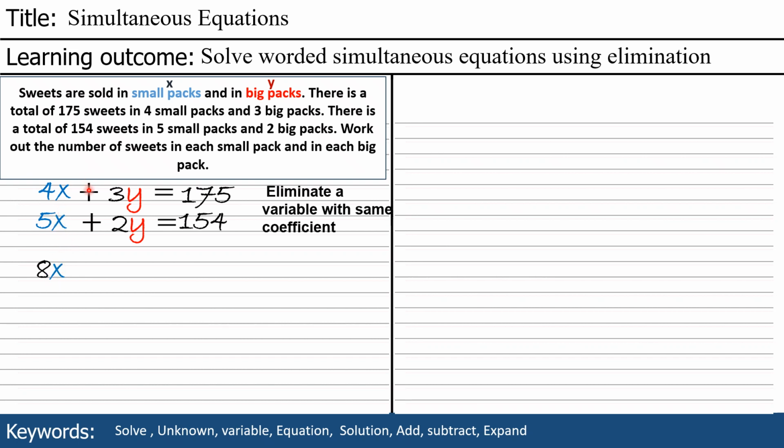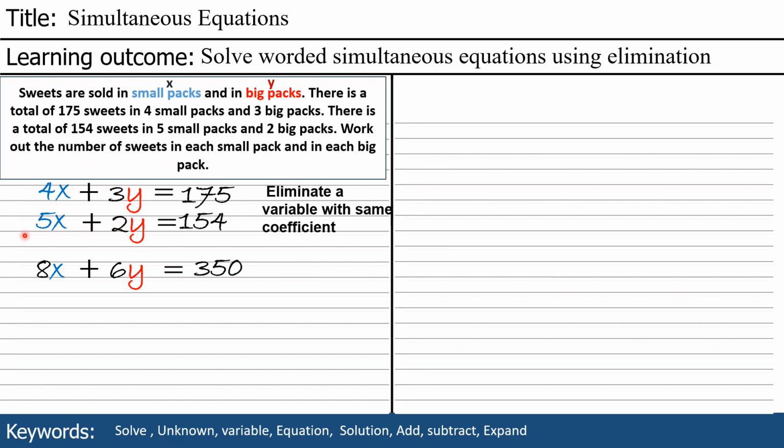And 2 multiplied by 3y is 6y. And 2 multiplied by 175 is 350. Now remember, the aim is to ensure that our y coefficients are the same. And we are working with 3 multiplied by 2.